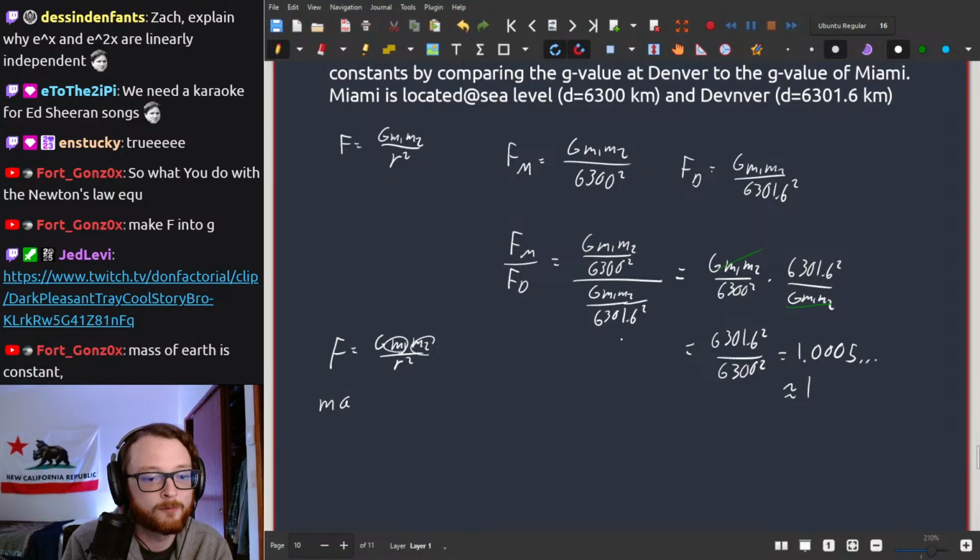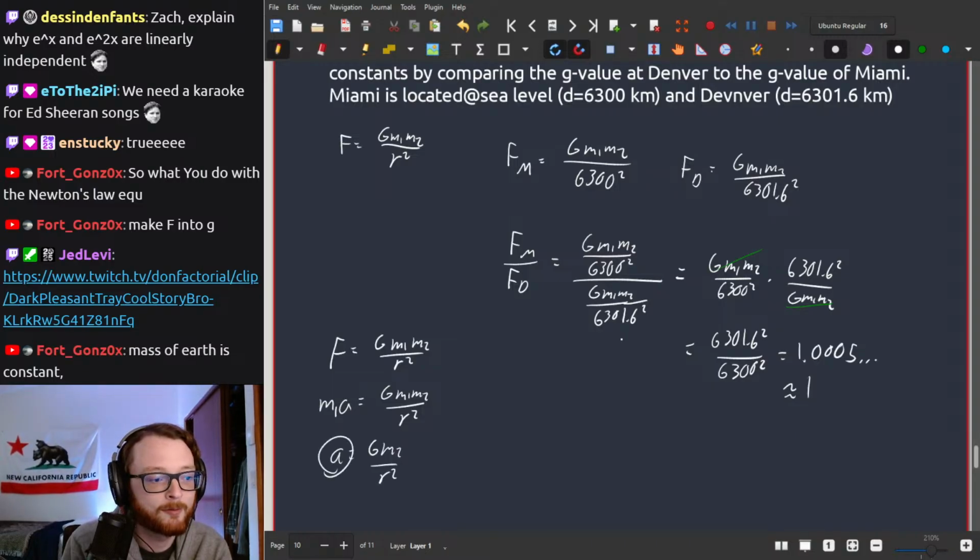It'll be one of these masses, I'm just going to choose M1. And then that mass will cancel with that mass. So you get acceleration is equal to that. But this is just the acceleration due to gravity, so we give it a special name, G.